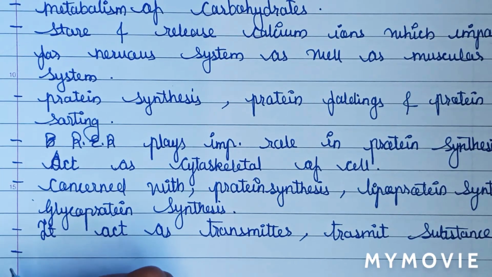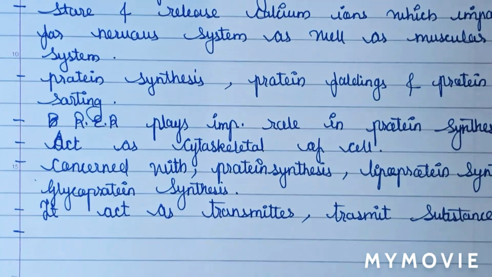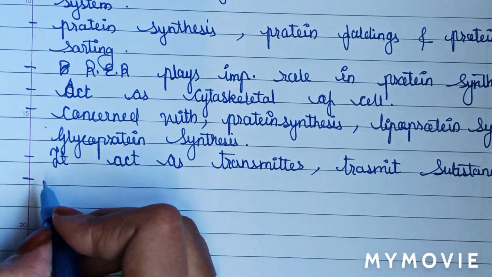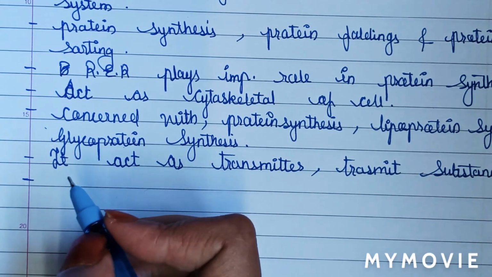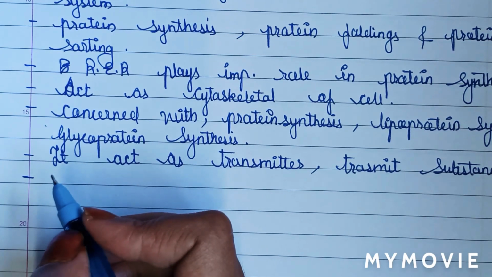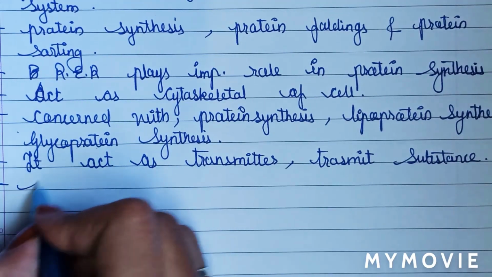It is helpful in the synthesis of plates, means pieces of endoplasmic reticulum. They are also helpful in the synthesis of lysosomes and the Golgi complex or the Golgi bodies.